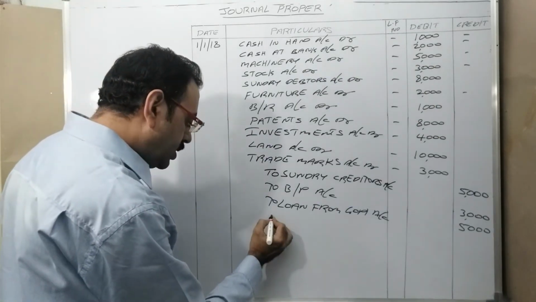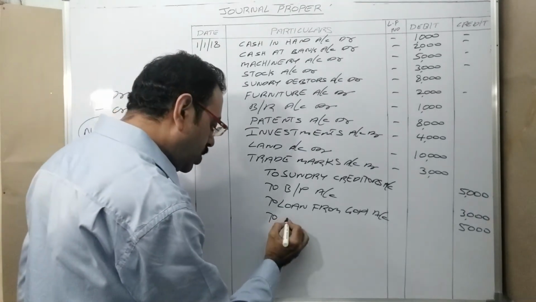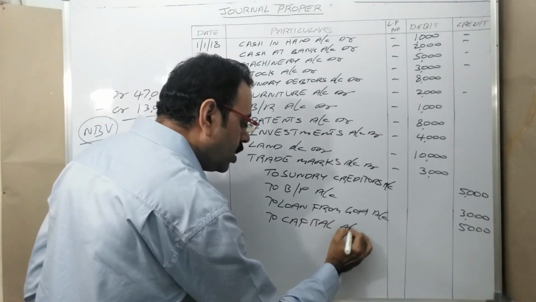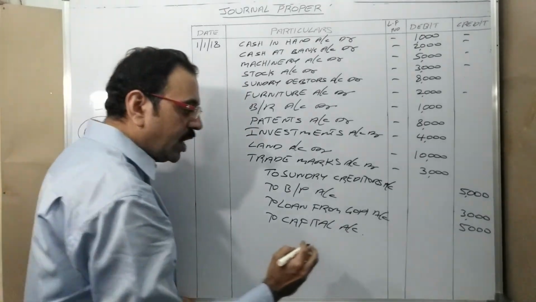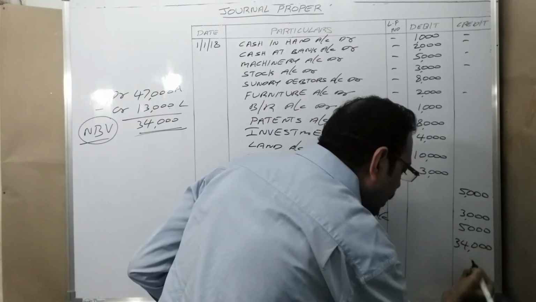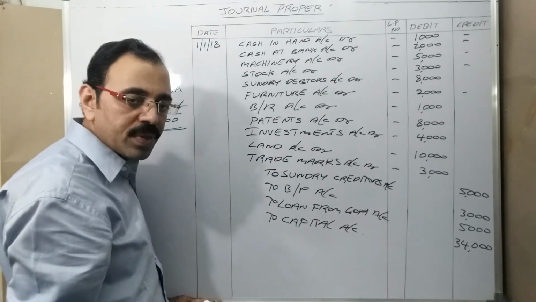Therefore, on the credit side, to equalize these two totals, what should we write? To capital account. Then write down this difference amount, 34,000, in the credit column, since the credit column total is less.